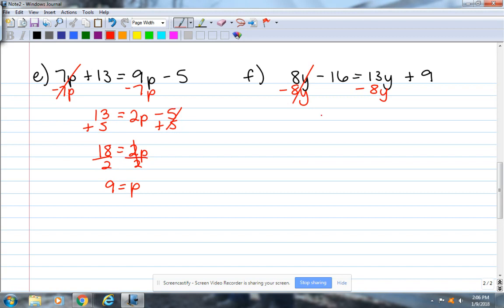And it leaves me with negative 16 equals, what is 13y minus 8y? What's 13 minus 5? Well, I just said what it was. 13 minus 8 is what? So 5y plus 9.